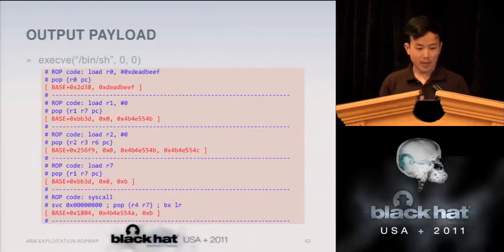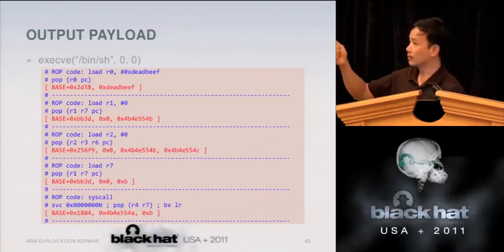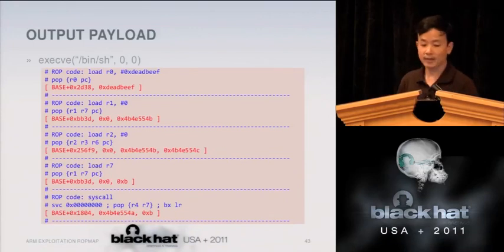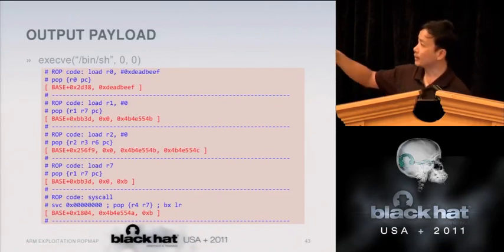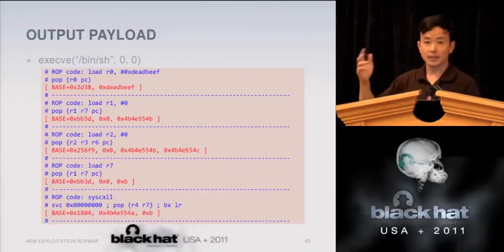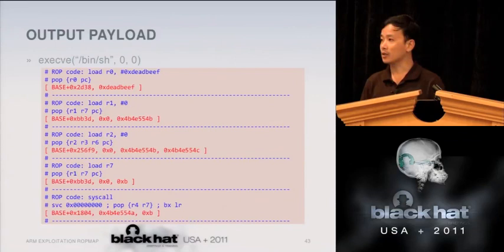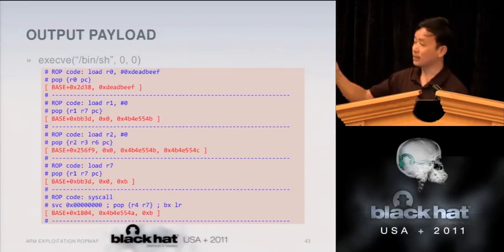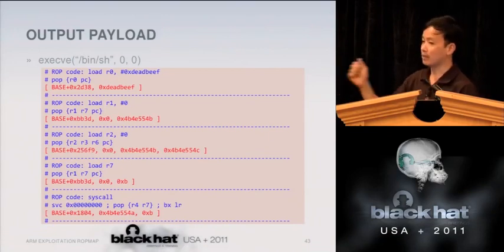For the output payload, here is an example for the previous ROP shellcode, execv /bin/sh with 0, 0. Its output is the ROP code, the gadget instruction, and then the payload. We have here the gadget offset and the required value on the stack.